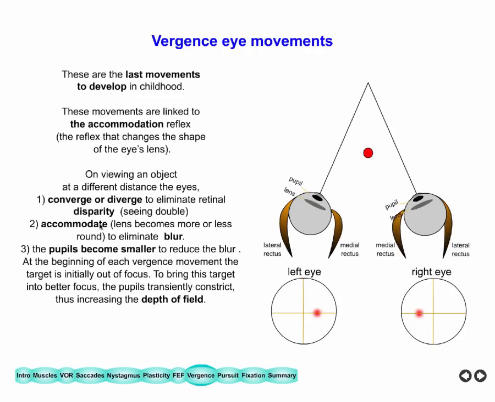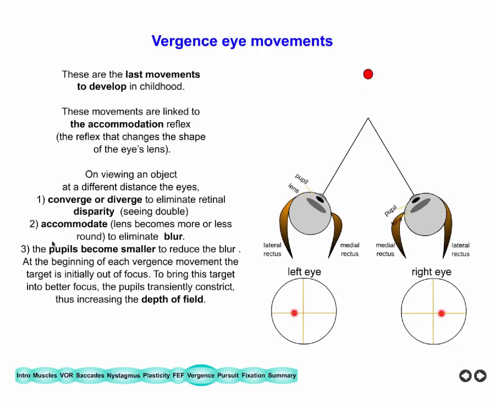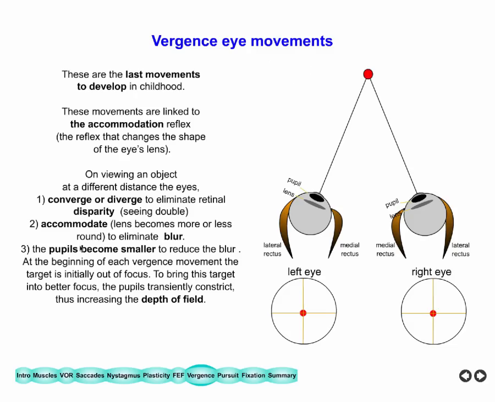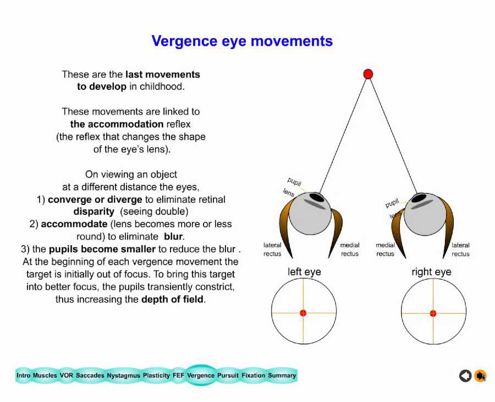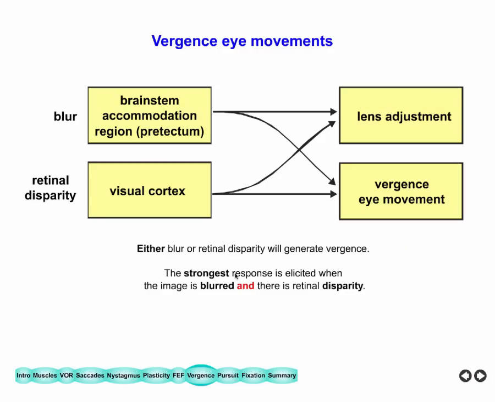You turn the eye because you eliminate the disparity. You do accommodation, or changing the lens properties. And you make the pupil smaller. Now, in the brain, there's two signals then. A blur signal that causes a vergence movement, and a retinal disparity that causes a vergence movement.